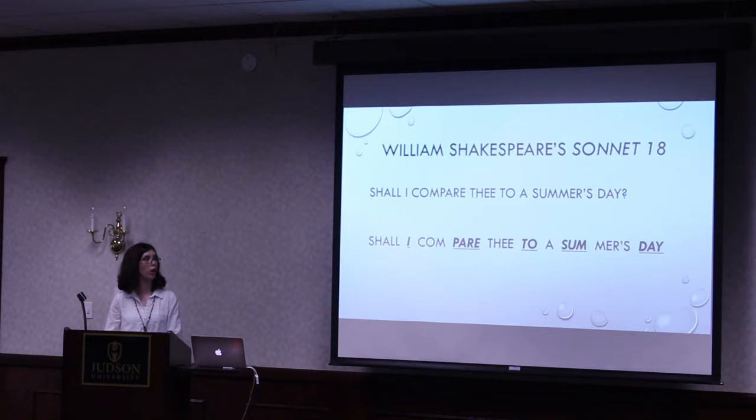William Shakespeare's Sonnet 18 is one such poem which uses iambic pentameter. The first line, as you will see in the middle of the slide, is "Shall I compare thee to a summer's day?" I have reworded the line below on the bottom of the slide, separated by syllable.